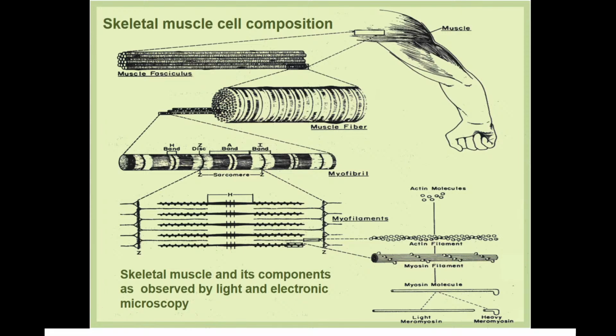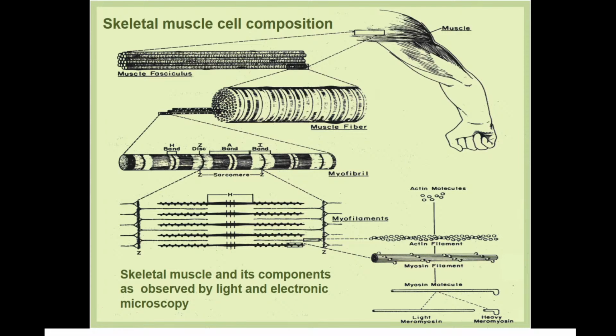The skeletal muscle fibers are not separated from one another. Instead, they are grouped into fascicles of approximately 20 fibers, and this is done by perimysium, a connective tissue sheath that is continuous with the connective tissue surrounding the entire muscle.